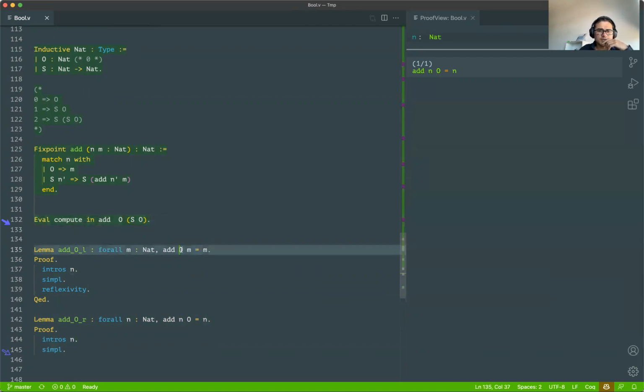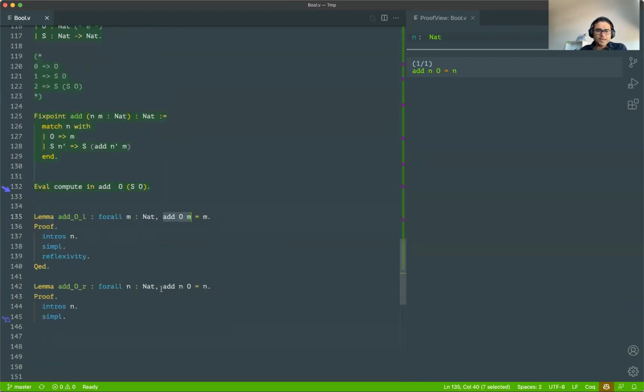So you see here, when it's 0, this function goes here and immediately returns m, and this thing simplifies to m. While if we look at this thing, there is no pattern matching on m. So this function is not simplifying.